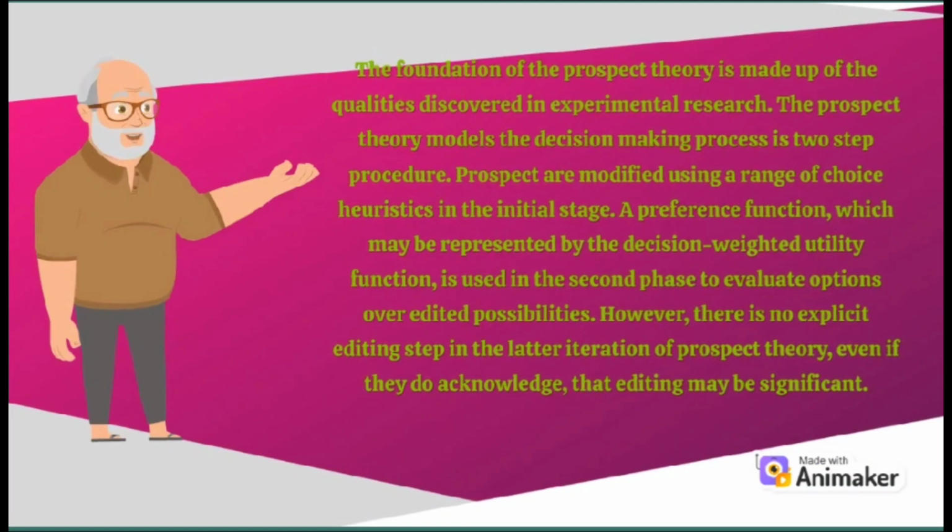A preference function, which may be represented by the decision-weighted utility function, is used in the second phase to evaluate options over edited possibilities. However, there is no explicit editing step in the later iteration of prospect theory, even if they do acknowledge that editing may be significant.